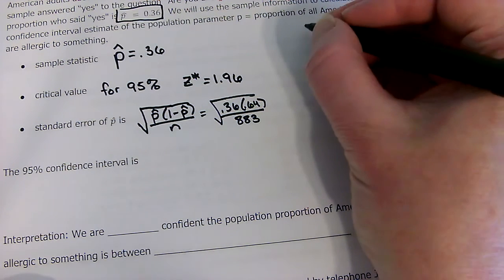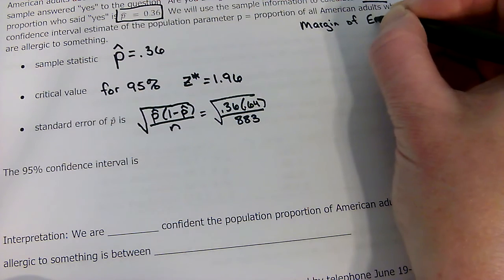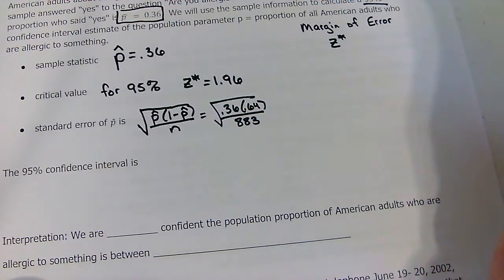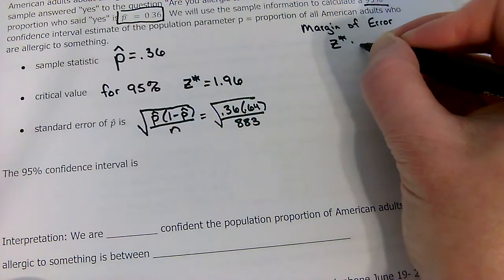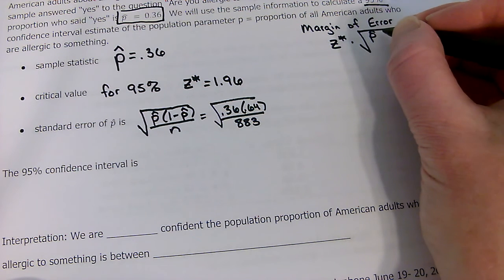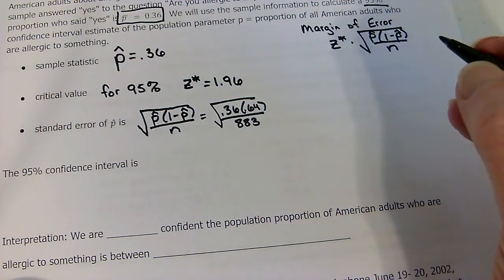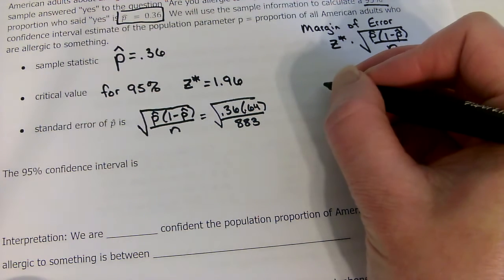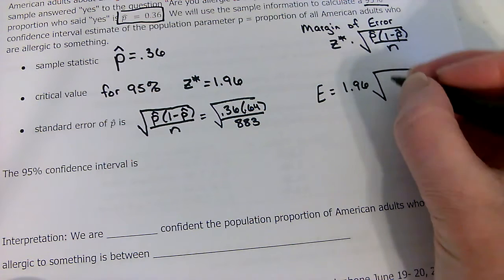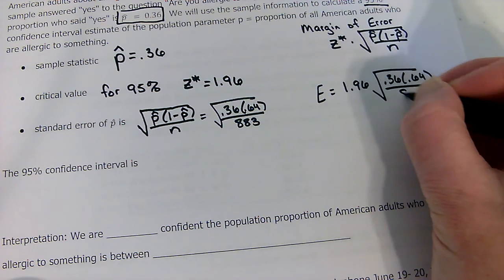The margin of error is when we take our critical value times that standard error. So the margin of error, which I like to call E, is going to be that 1.96 times the square root of 0.36 times 0.64 over 883.